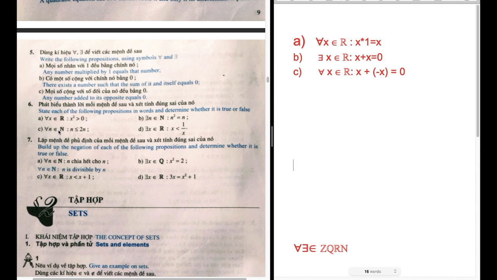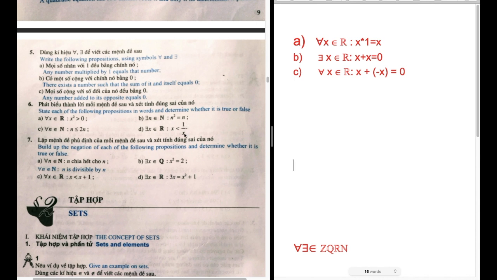And C. For any natural number x, x is less than or equal to double itself. Or there exists a number x less than its inverse 1 over x.